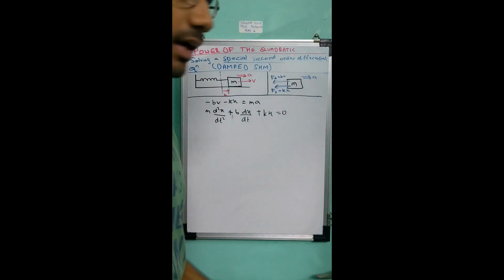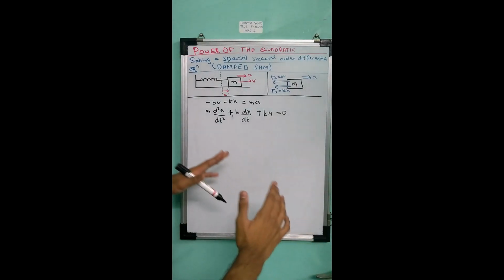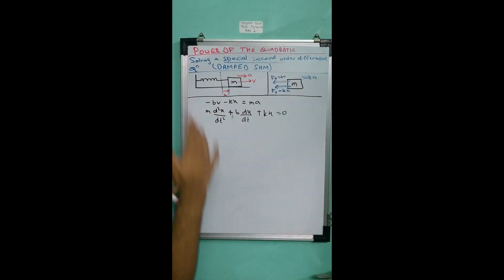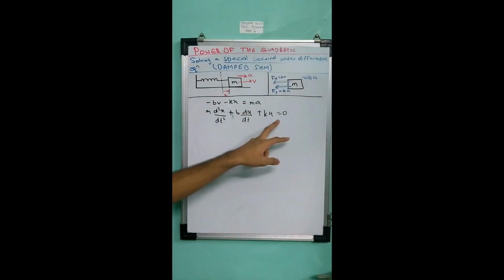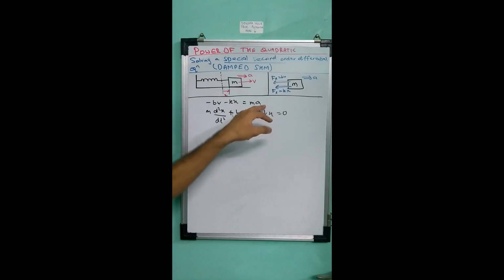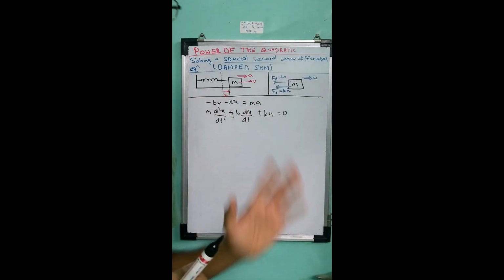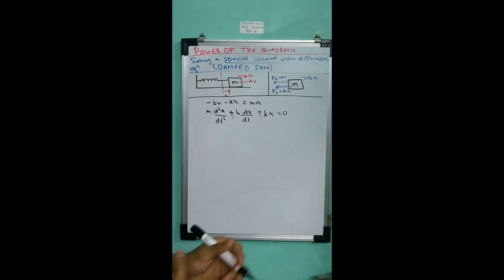Now here's where the quadratic part comes in. So don't look at this as a differential equation. You see something of order 2 here, something of order 1 here, right? A derivative of order 1 here, and a term of order 0 here. Let's try to compare this with a quadratic equation.